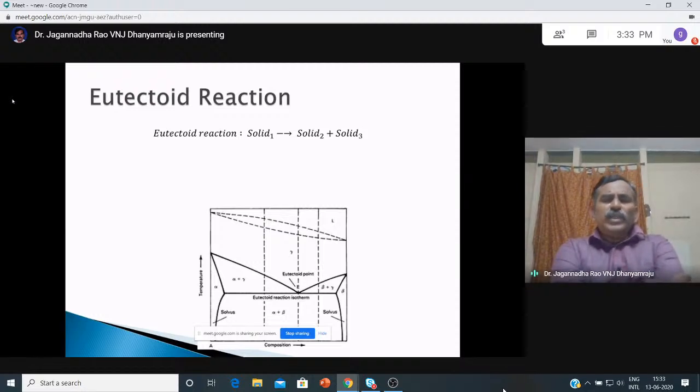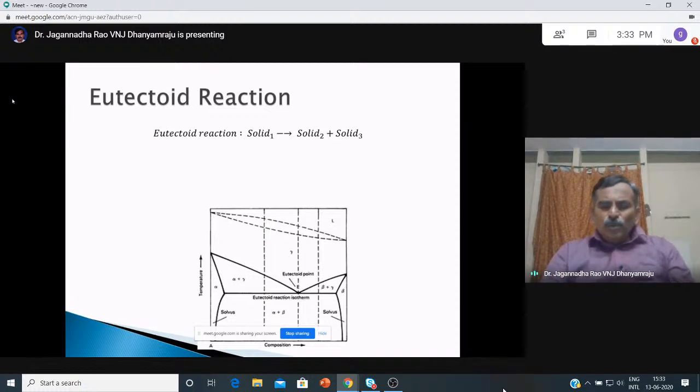And the alloys to the left of eutectic composition are called hypoeutectic alloys. And the alloys, eutectoid alloys, hypoeutectoid alloys. And the alloys to the right of eutectoid reaction are called hypereutectoid reactions.